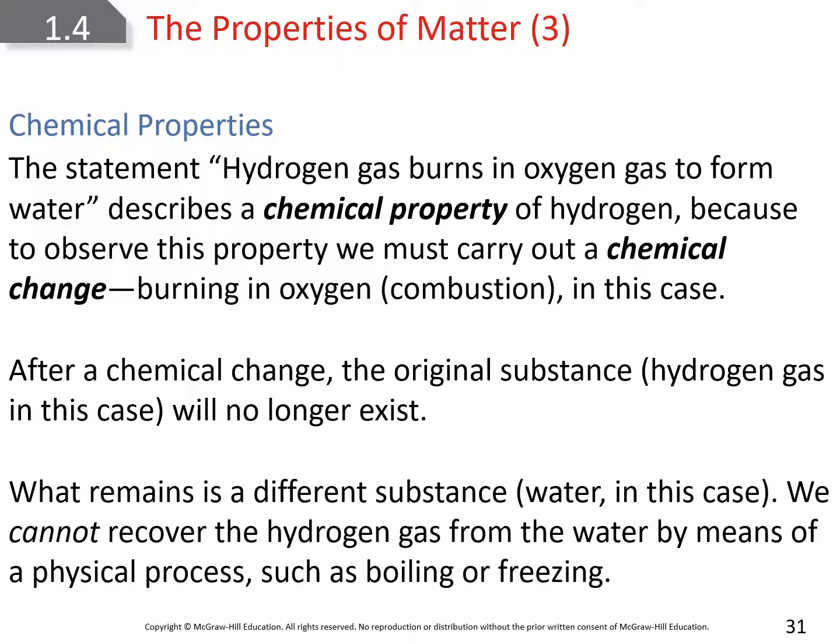If I have a firework that explodes, there is nothing I can do to get that original firework back before it exploded. If I take wood and I burn it and set it on fire, there is nothing I can do to get that piece of wood back. Those are chemical properties based on chemical change.